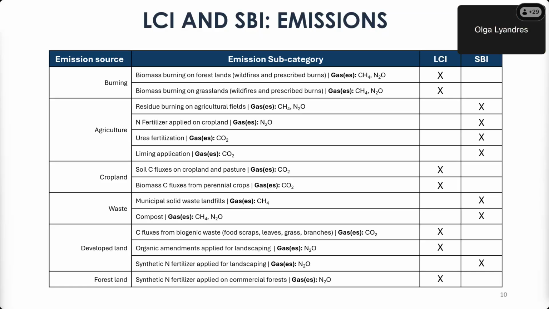No, those are things that should show up in a sector-based inventory. If they're reducing overall emissions from that category as a result of these changes, then it will just show up as a lower emission in the SBI. Okay.